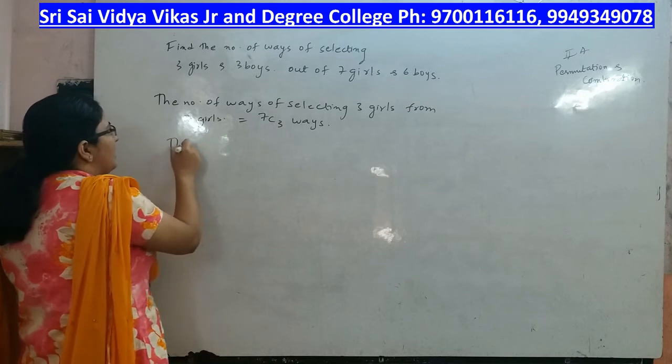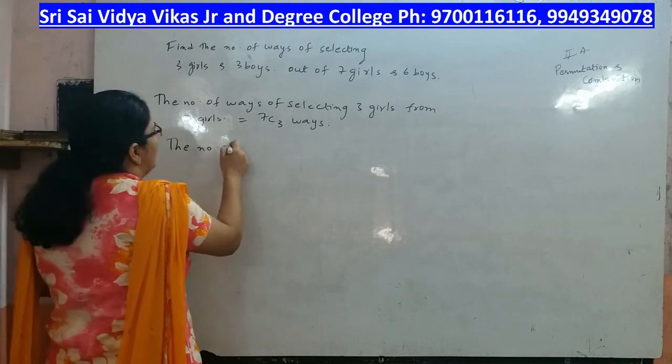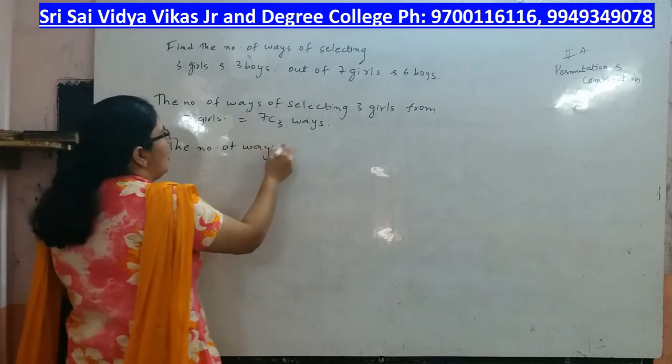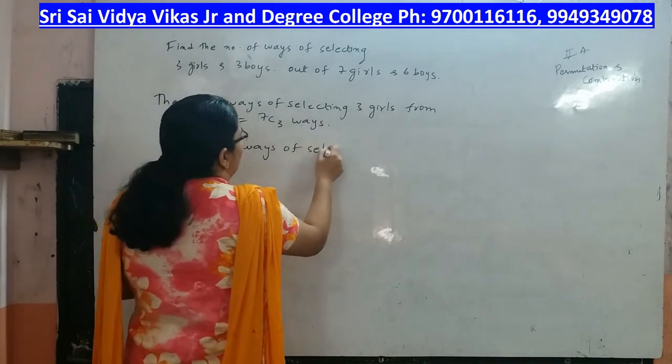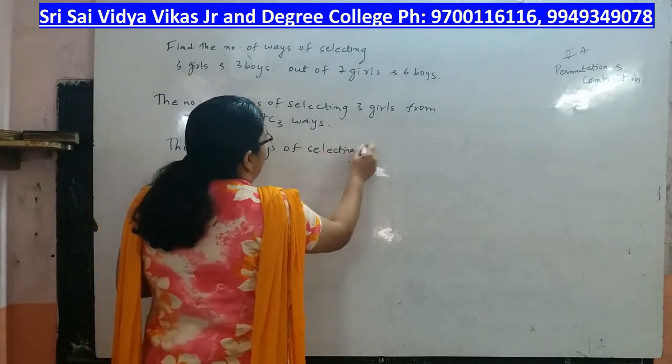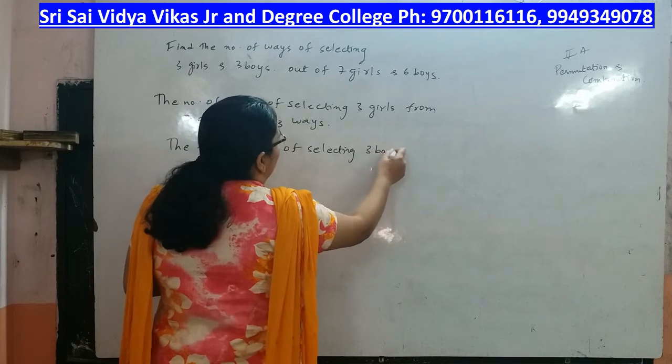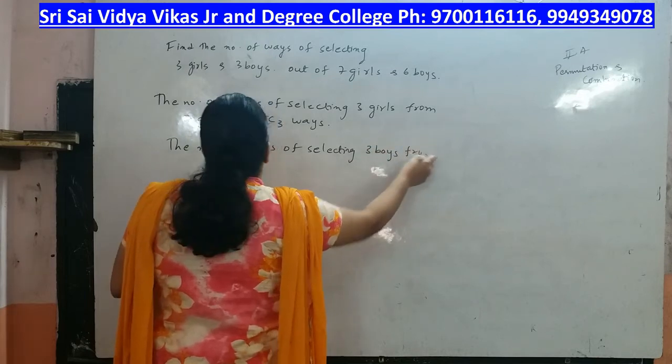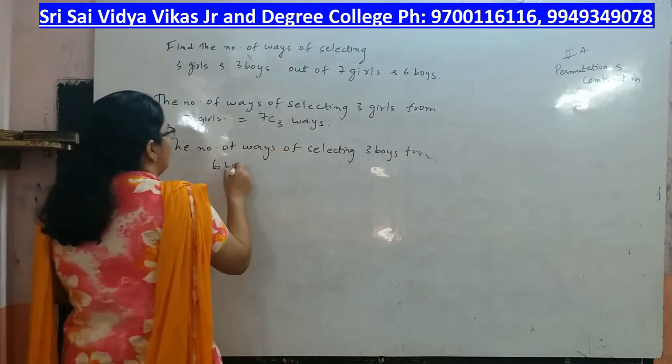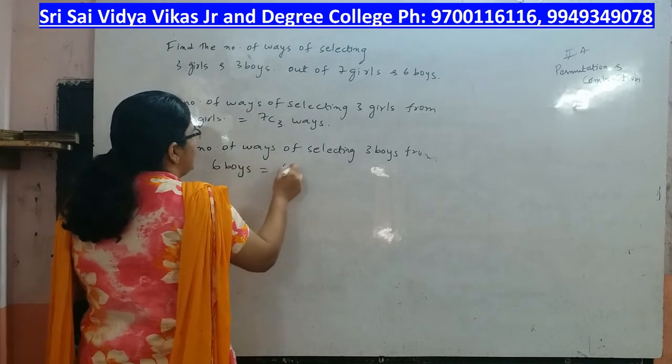Next, the number of ways of selecting 3 boys from 6 boys is equal to 6C3 ways.